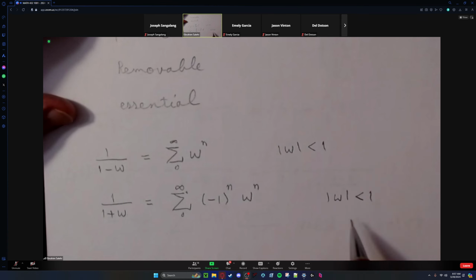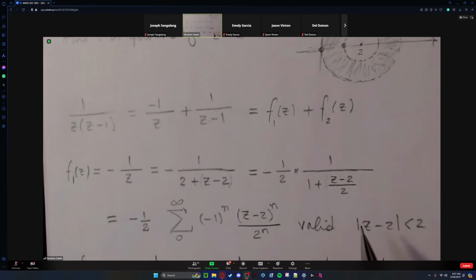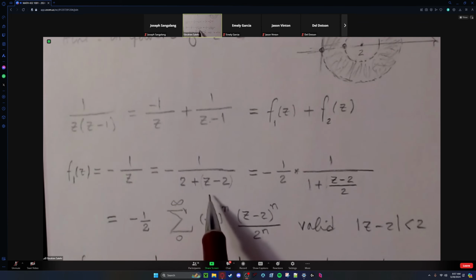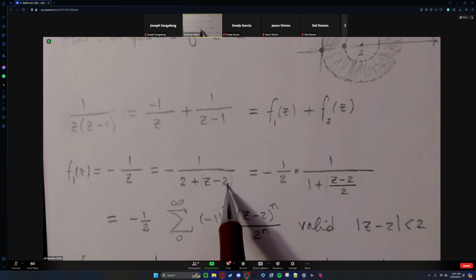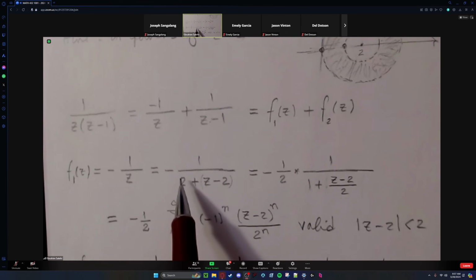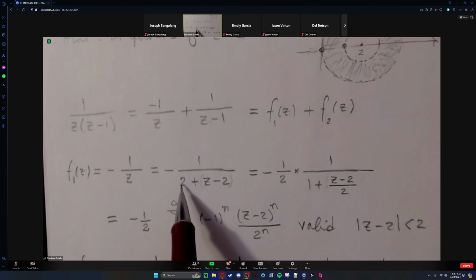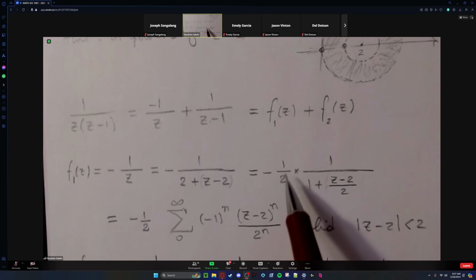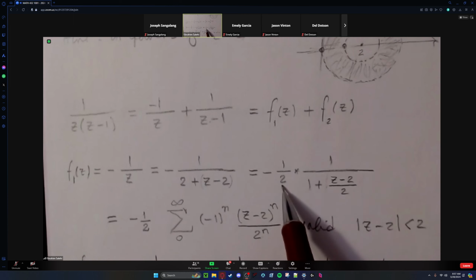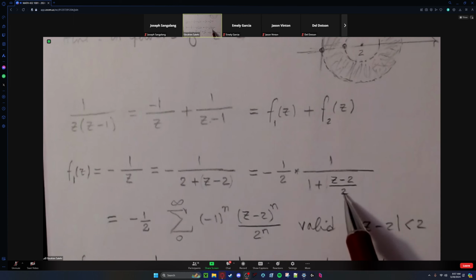Okay? All right. So here is this one. I made this one appear, but we got to have 1 plus W or 1 minus W. Let's factor 2. If I factor 2, I'll have this one.